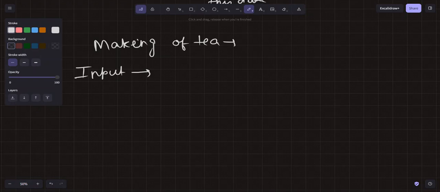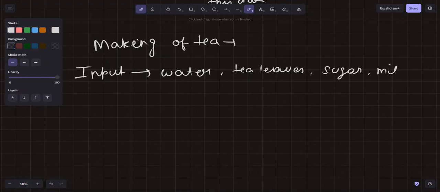What do we want to make a tea? First is water, second is tea leaves, third is sugar, and fourth is milk, right? That's all we want. There are many things you can add to make it more special for your loved ones, but still it's a simple tea.